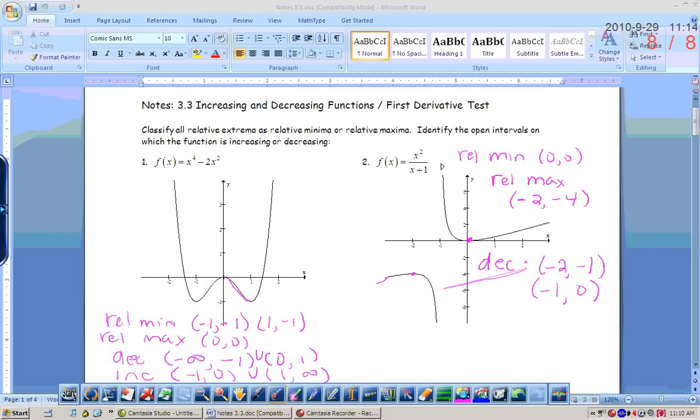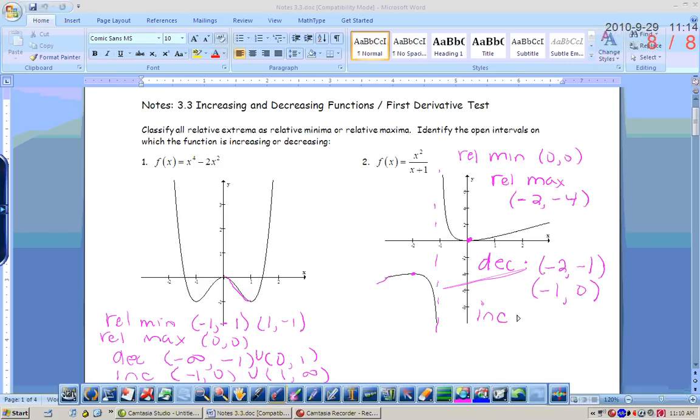Okay. We've got an asymptote here at negative 1. So from negative 2 all the way to x equals negative 1, and then from negative 1 to 0. Now, why can I not just write negative 2 to 0? Yeah, the function doesn't even exist at negative 1, so it can't be increasing or decreasing. So I do need to break up that interval.